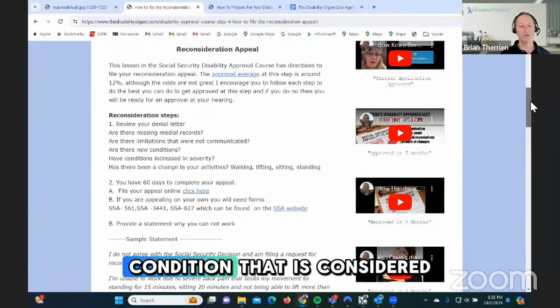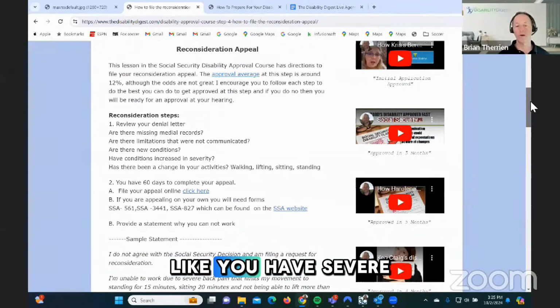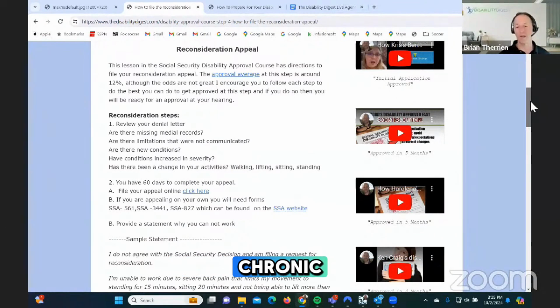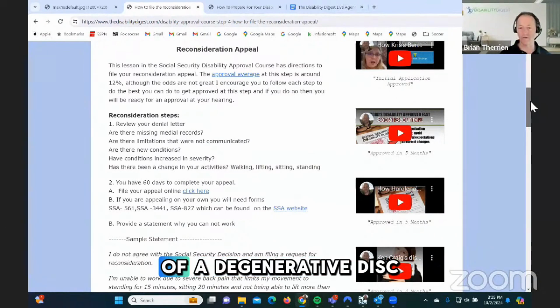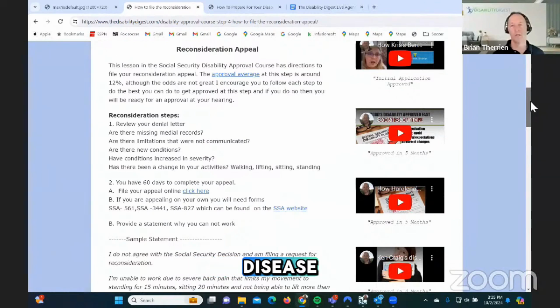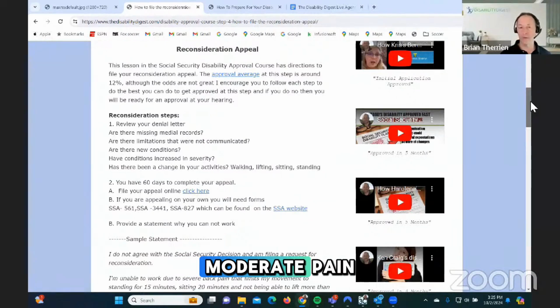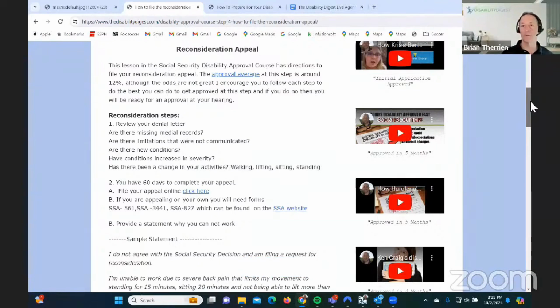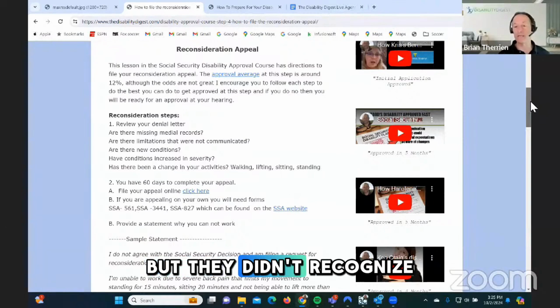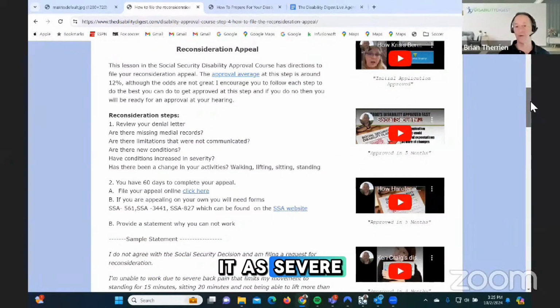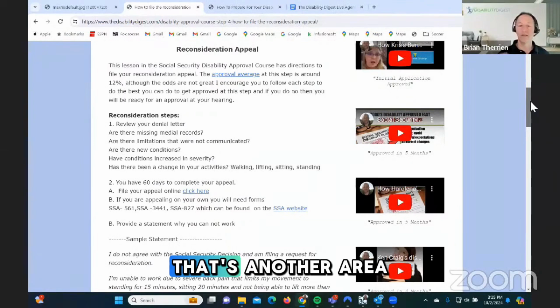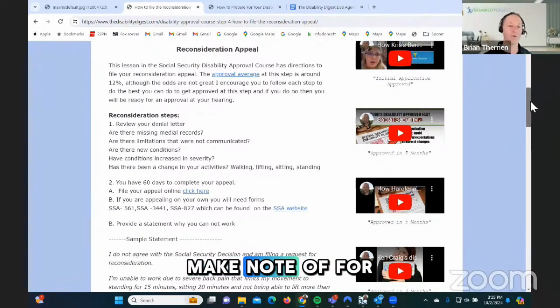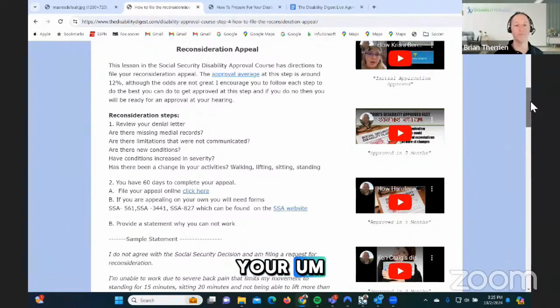If you have a condition that is considered severe, like you have severe chronic pain as a result of degenerative disc disease versus mild or moderate pain, or if you have severe depression versus mild or moderate, but they didn't recognize it as severe, that's another area that you want to make note of for your appeal.